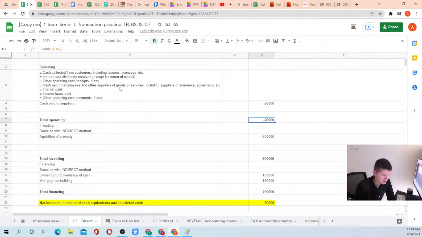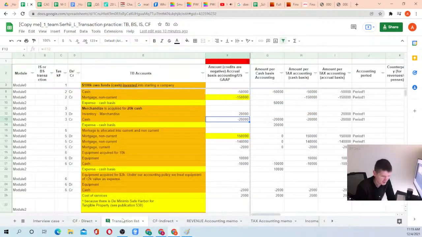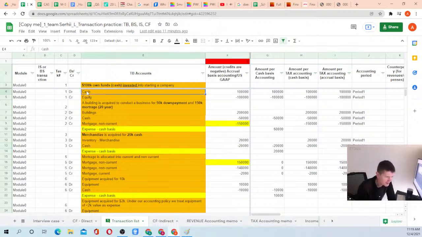If we use a direct method, it's obvious we will have that on a cash basis. Basically, a direct method is when you go and pick up each cash movement. You pick up each debit or credit to cash under the direct method, and then you classify that cash under either operating, investing, or financing activities.